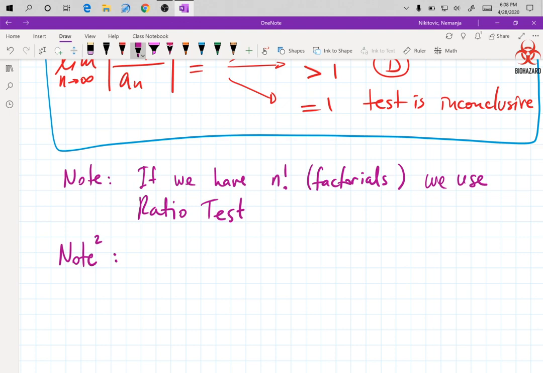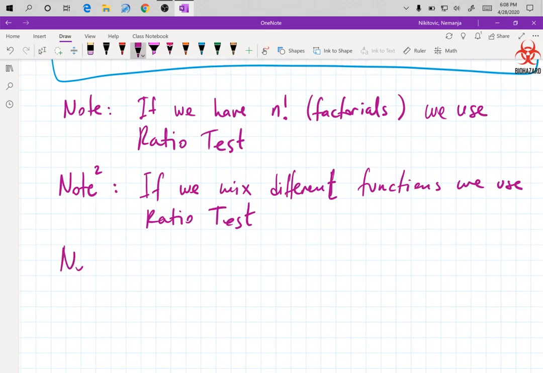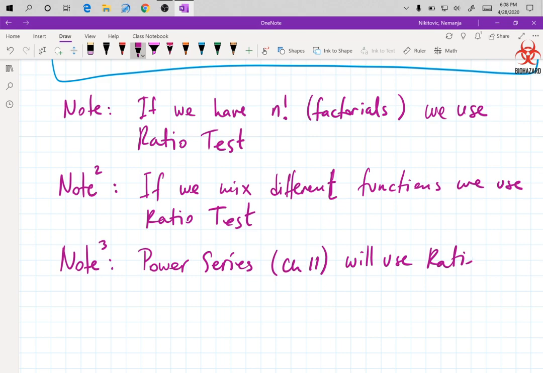Note squared: if we mix different functions, we use the ratio test. Note cubed: power series, chapter 11, we'll use the ratio test.